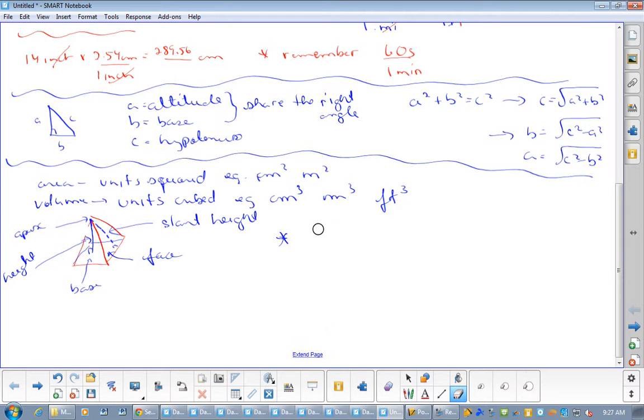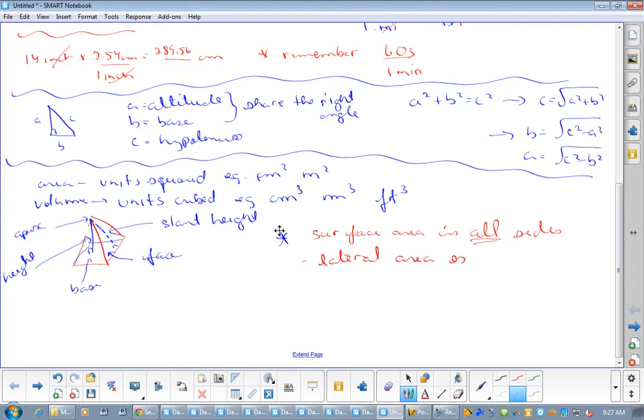I would go surface area is all sides. Lateral area excludes the base.